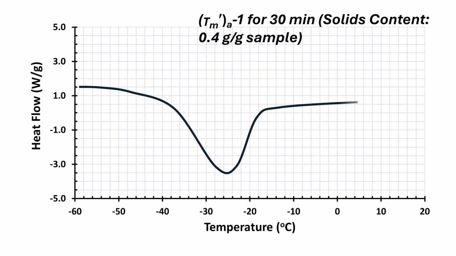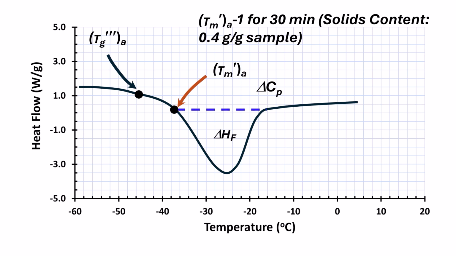In order to determine ultimate maximal freeze concentration conditions, first we need to run an initial DSC to determine the apparent maximal freeze concentration conditions for solids content 0.4 or 0.5 gram per gram sample, that is apparent Tm' and apparent Tg'. Delta Cp can also be determined to assess the relaxation and the fraction transforming from glass to rubbery, and enthalpy change during the melting process, that is delta HF, and freezing point Tf.